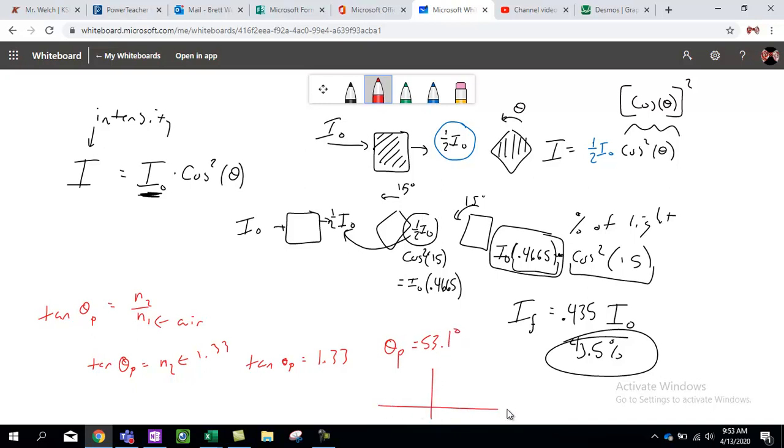So when this is 53.1 degrees, or in other words, when this is 36.9 degrees above the horizon, when the sun is up here, coming in, the light is going to produce a really bright glare.